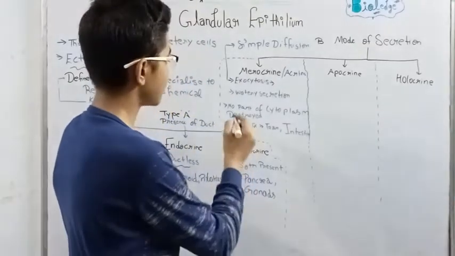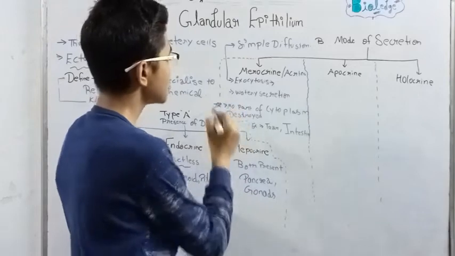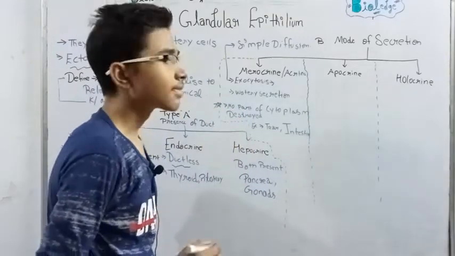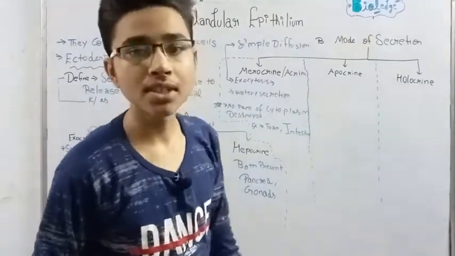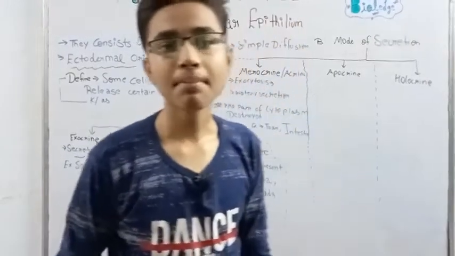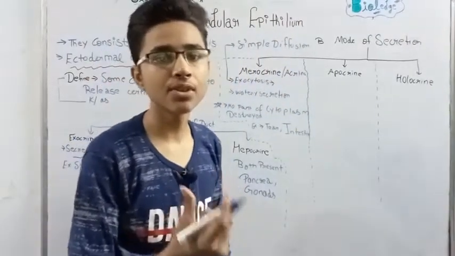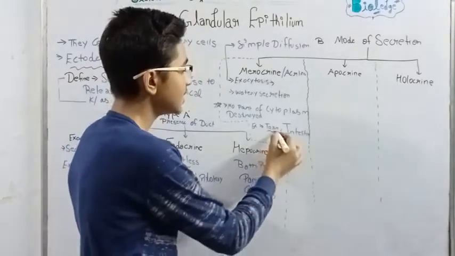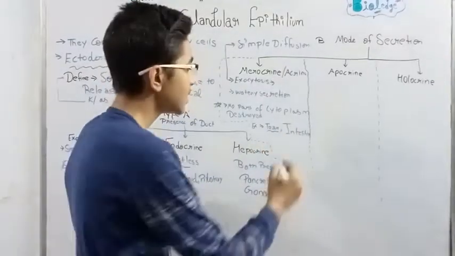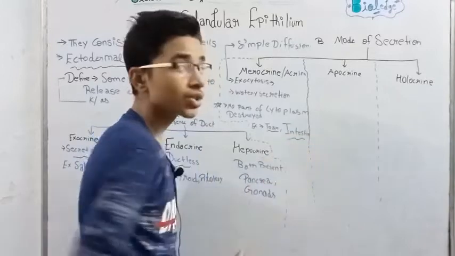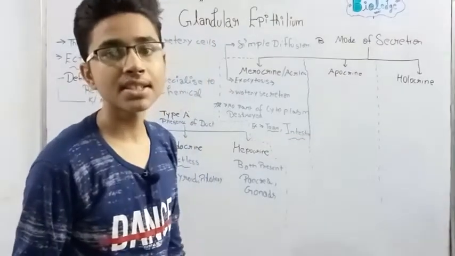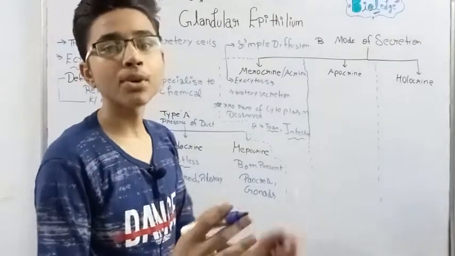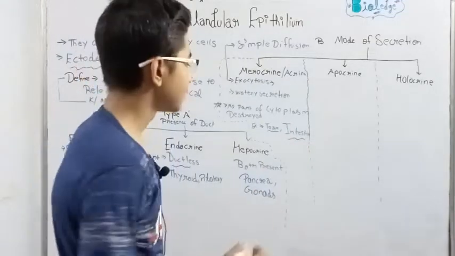As written here, no part of the cytoplasm is destroyed, and their secretion is mostly watery, like very fluid and simple liquids. Examples are the tear glands and the intestinal glands, which mostly have watery secretions and simply pour their substances directly.